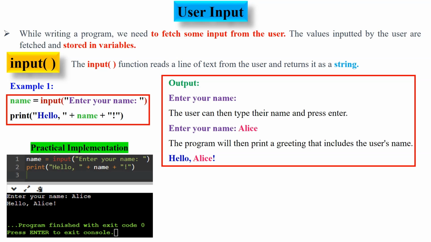When you run this program, it will prompt the user to enter their name. The user can then type their name and press enter: Alice. The program will then print a greeting that includes the user's name: Hello, Alice. On the left-hand corner, you can see how it is practically implemented.